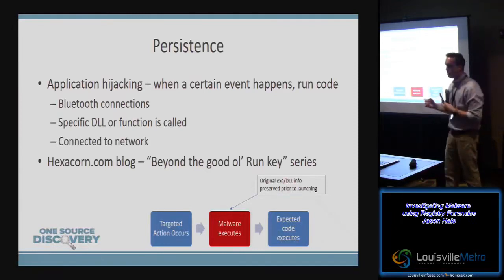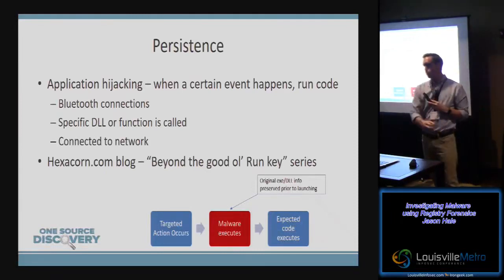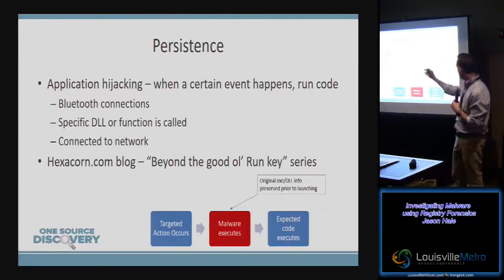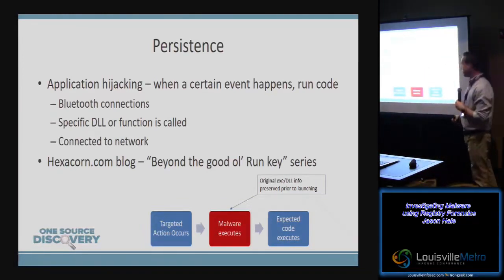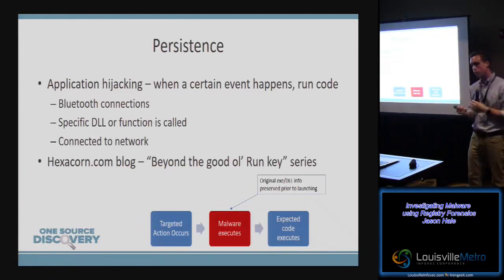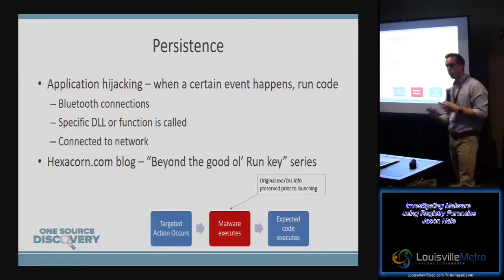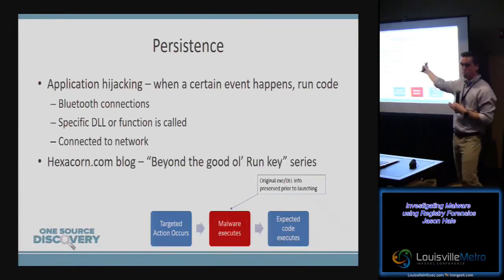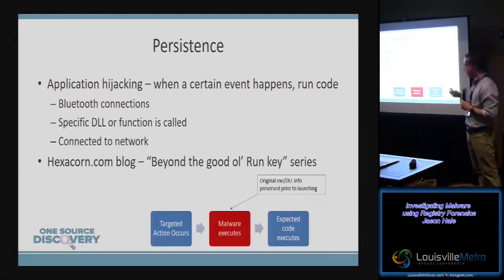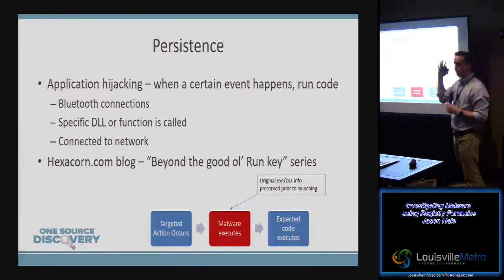Whenever that happens, we want to inject our code that we want to run. We'll run our code whenever that targeted action occurs. We'll preserve the original action, just like we saw in the image file execution options. And then once we have our code running, we'll turn around and launch whatever the user would have expected.